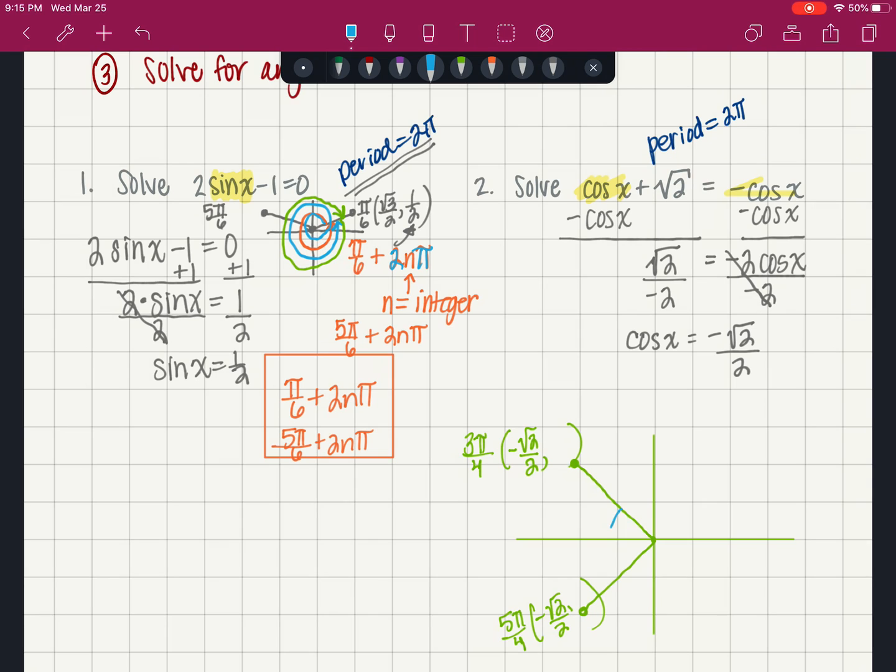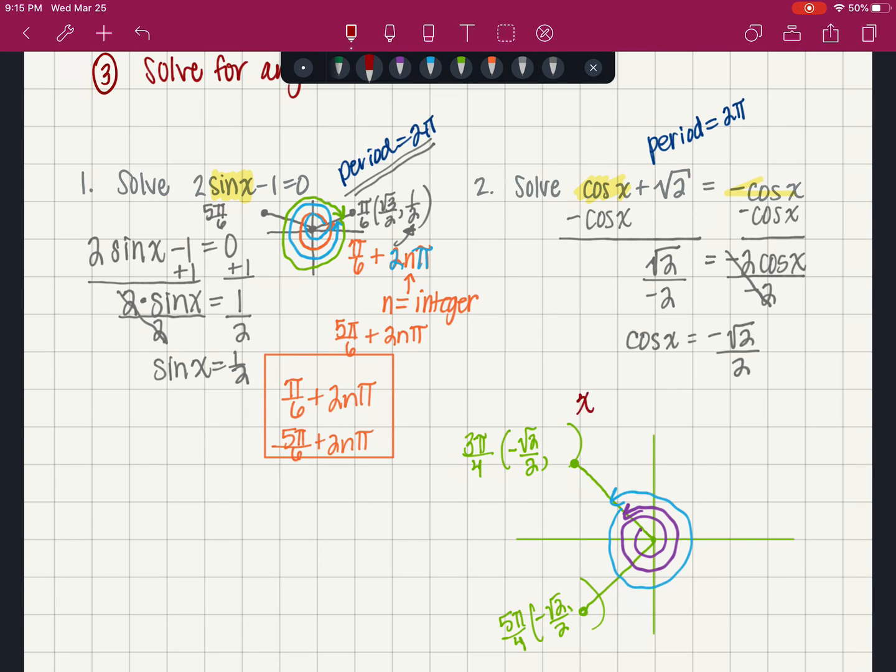So not only at 3 pi over 4, but 2 pi later, and another 2 pi later. So here it could happen twice, right? So I could add 2 pi twice. I could also subtract a 2 pi and still end up in the same exact location.